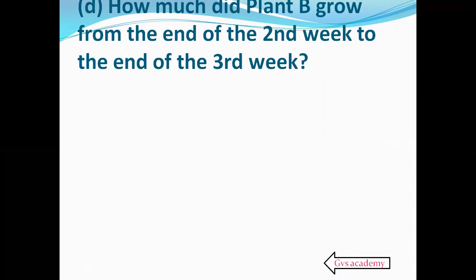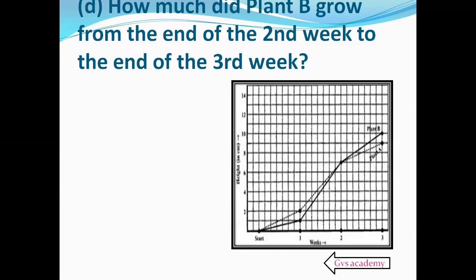Next question: how much did plant B grow from the end of the second week to the end of the third week? Now we are going to see a similar question with plant B. At the end of the third week, we have to compare with the previous week. At the end of the second week it is 7 centimeter.